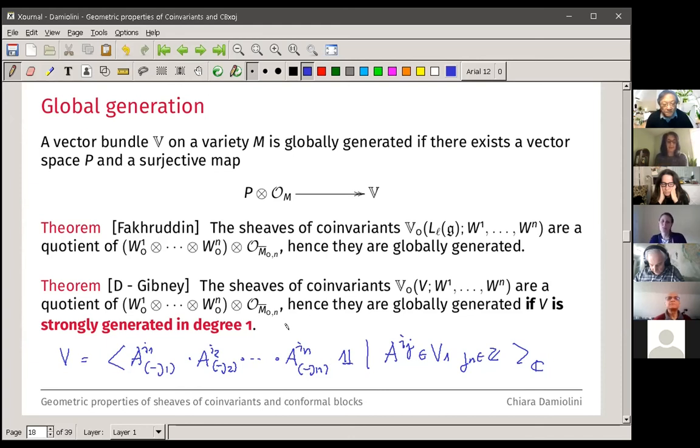Before that, I'd like to show you the examples that tell us that this theorem of Fakhruddin cannot simply be generalized by substituting this vertex algebra with any other vertex algebra. This will not be true.